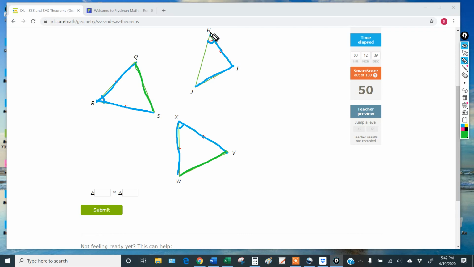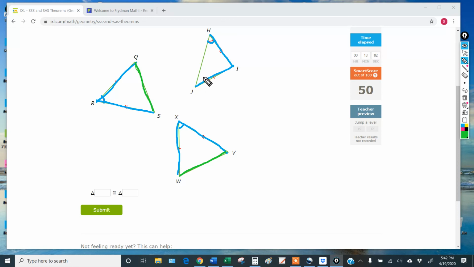But I don't know that for this triangle, because these two triangles satisfy the same side angle side conditions and this one does not. So everything about these two triangles is the same, but it's possible that for this triangle, this side is different from the green sides in the other triangles.